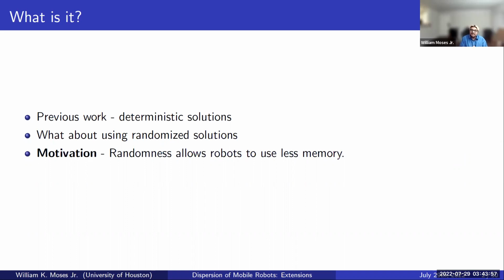And the thing is, when you have deterministic solutions, if you have K robots, you need at least log K bits of memory to differentiate between 2 robots. And if you have N robots, that would be log N. But the thing is, you can use randomness to reduce this memory.